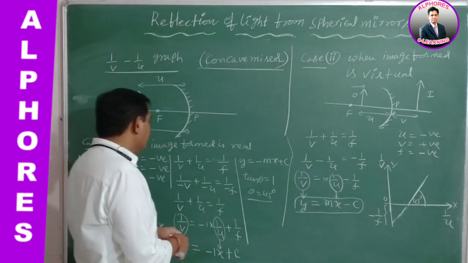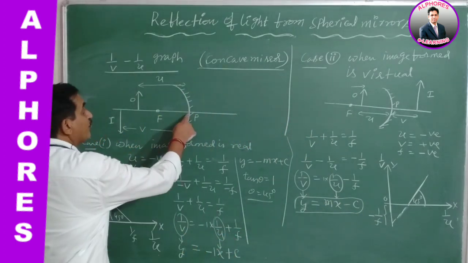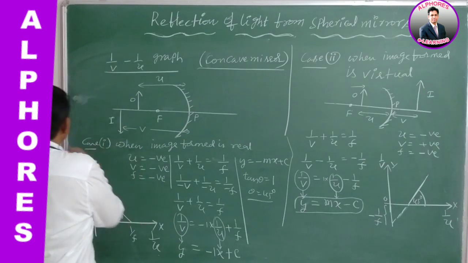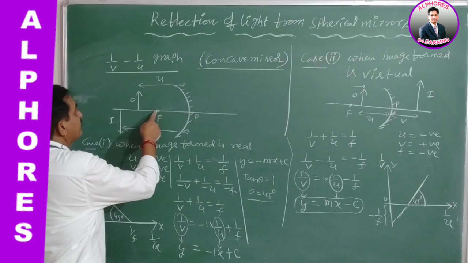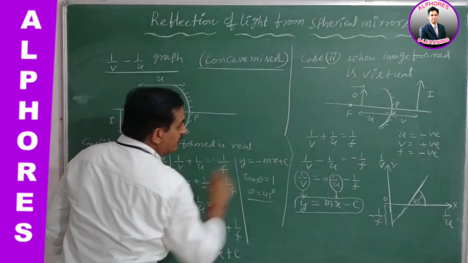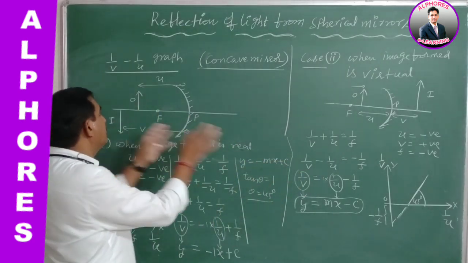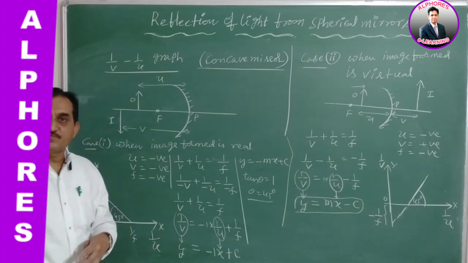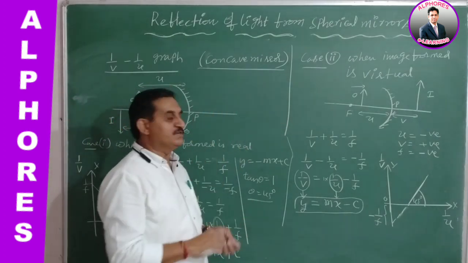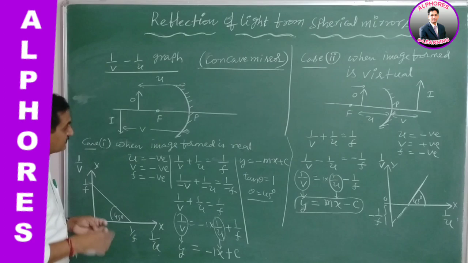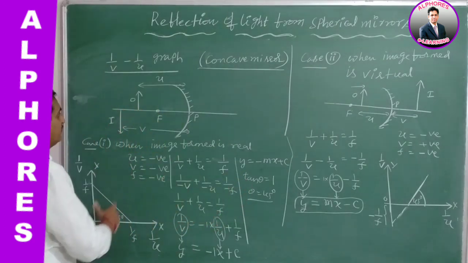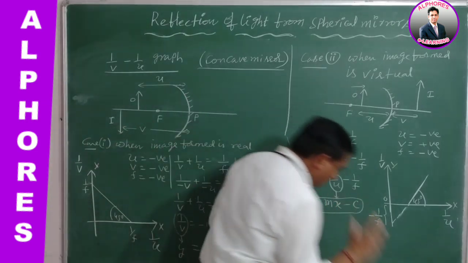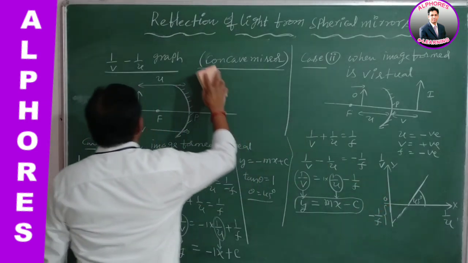From infinity to the focus point is one type of graph, and from focus to the pole is another type of graph. As a whole, when the total positions of the object from infinity to the pole of the concave mirror are taken, these two are clubbed together, and you will get the resultant graph.